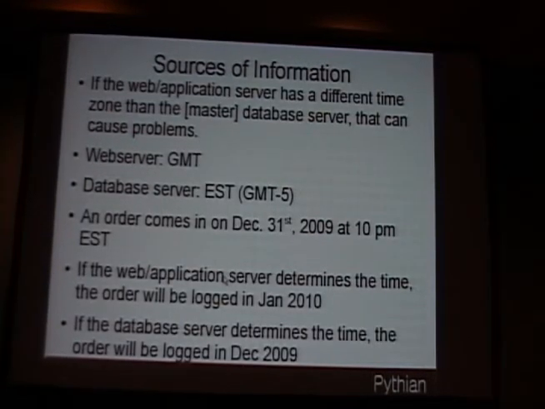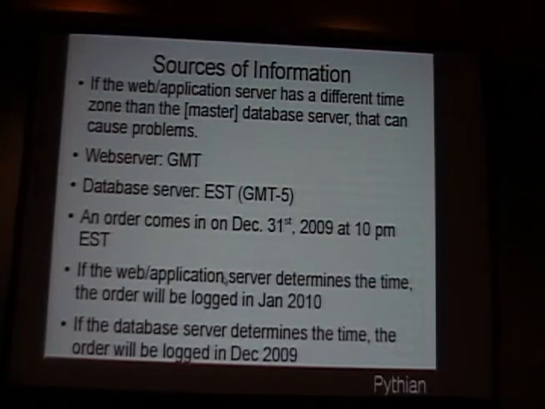So, sources of information. Where are you getting NOW? A lot of times, let's say you have an orders database, and you say, okay, this person ordered a product now. Well, do you get NOW from the database server, or from the web server or application server? A lot of times, developers will program it such that the NOW is calculated by the PHP code or the Java code or whatever.